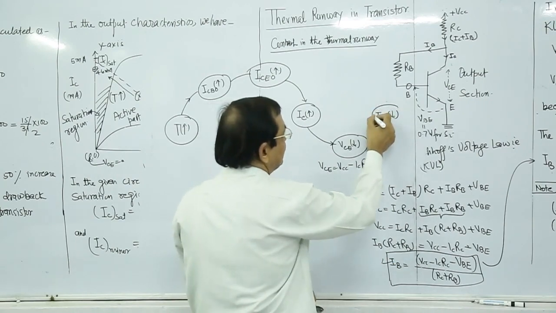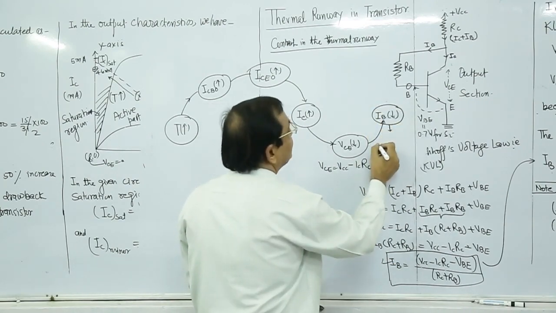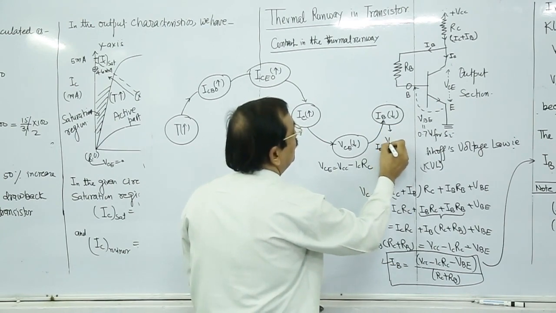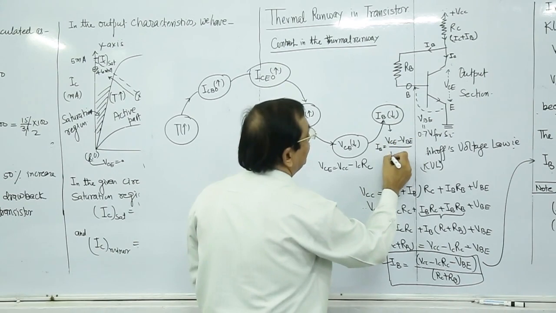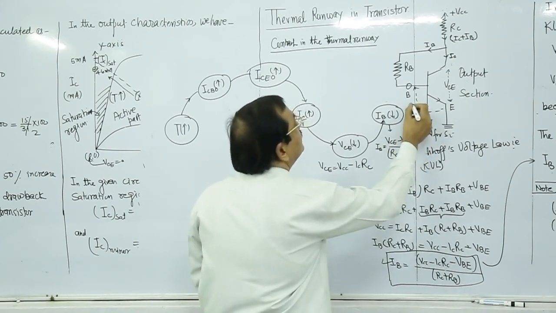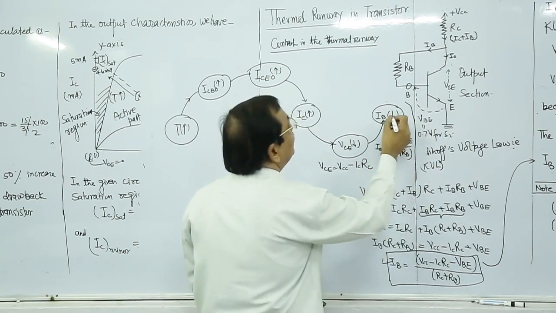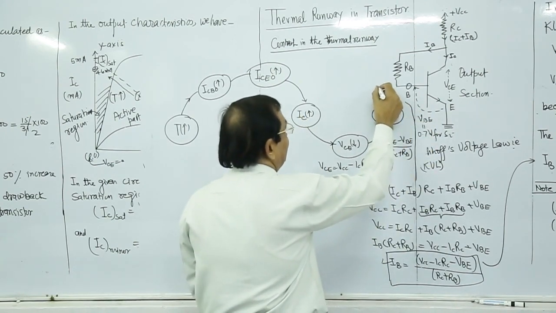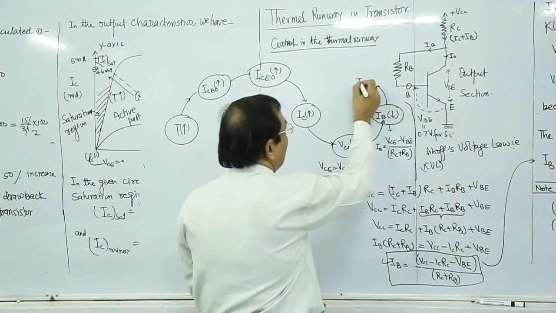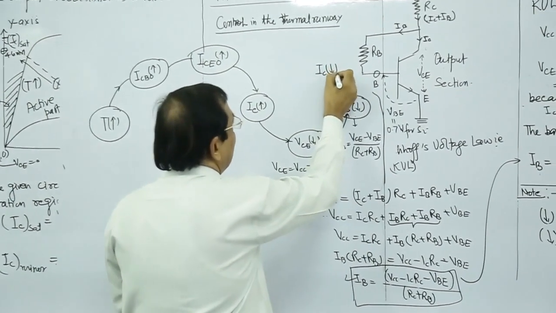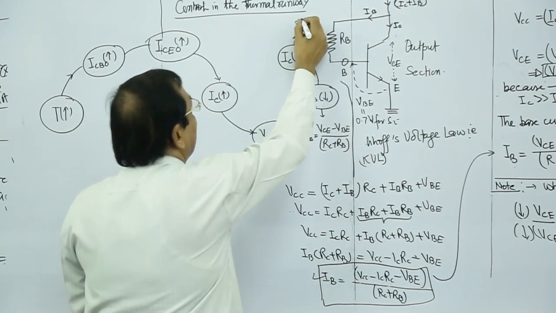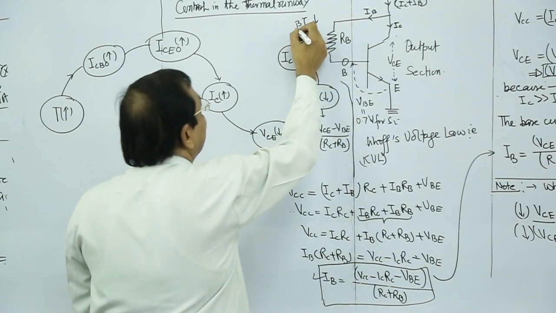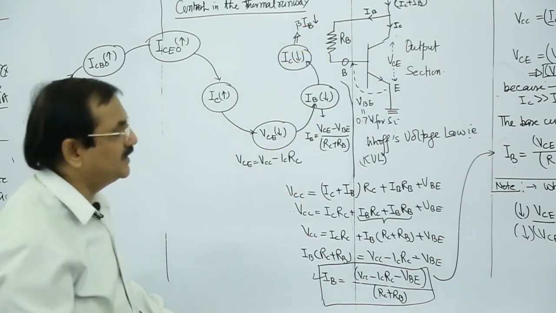That is, IB is equal to VCE minus VBE divided by RC plus RB. This will decrease. If IB will decrease, then IC will decrease, because of beta, IB decrease.